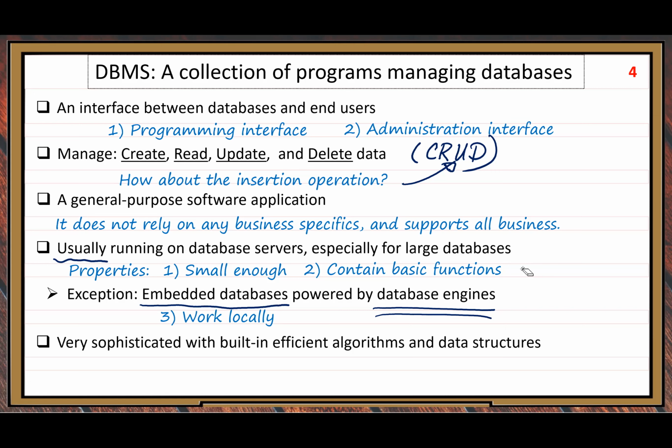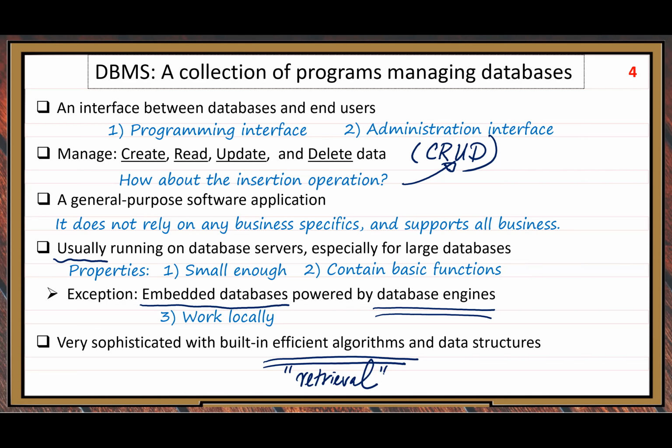Then the last property of a DBMS is that it is very sophisticated, with built-in efficient algorithms. This is another important topic we will get to: efficient algorithms. For efficiency, we talk about the retrieval operation, because when we do a lot of retrieval operations, we want to make them very efficient.